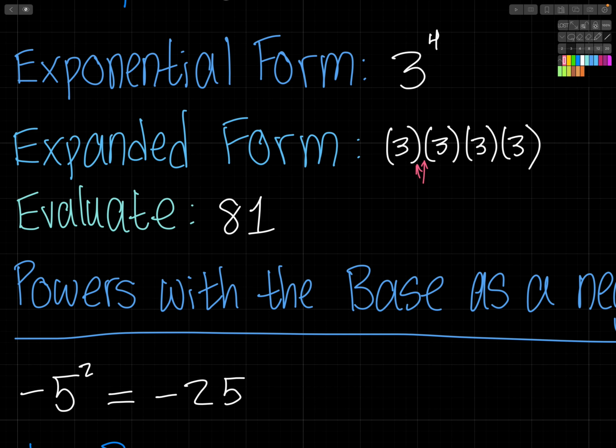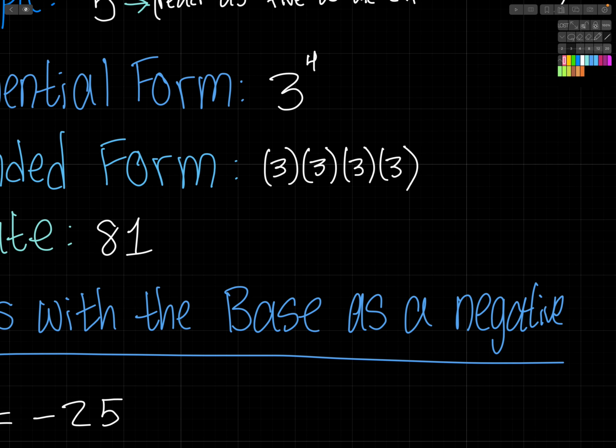This is because this is the base, the number 3. Now we have the number 4. That 4 means that we multiply 3 by itself 4 times.